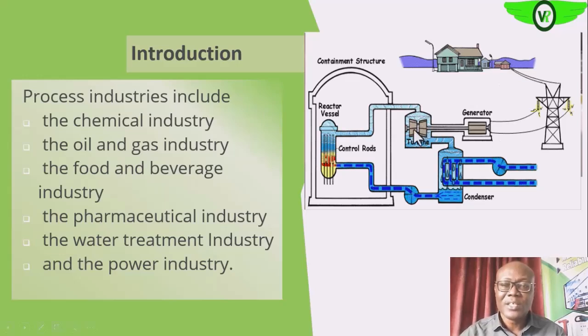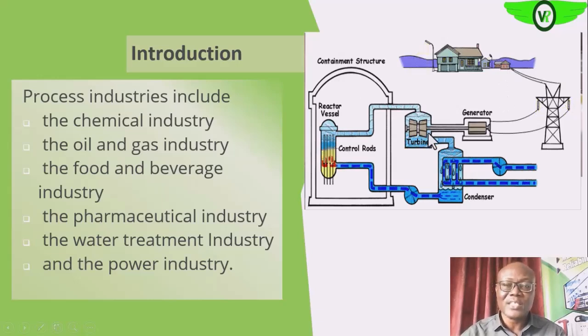At the turbine, the high kinetic energy in the steam molecules is converted into rotating mechanical energy. That rotating mechanical energy is transmitted along this shaft that is coupled to an alternator or a generator that helps to convert the rotating mechanical energy into electrical energy that is further distributed.